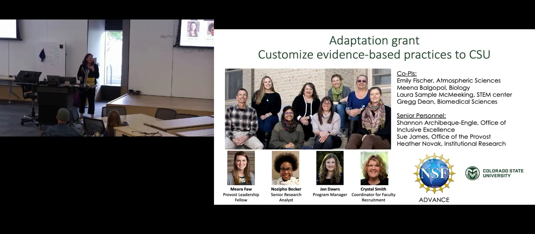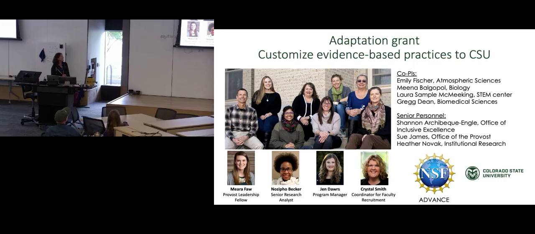We can't call ours Advance because it's advancement, which is development, which is fundraising. So Advance is taken. But we have this adaptation grant. Nowadays, or before the program was ended, most of the grants given were adaptation grants.